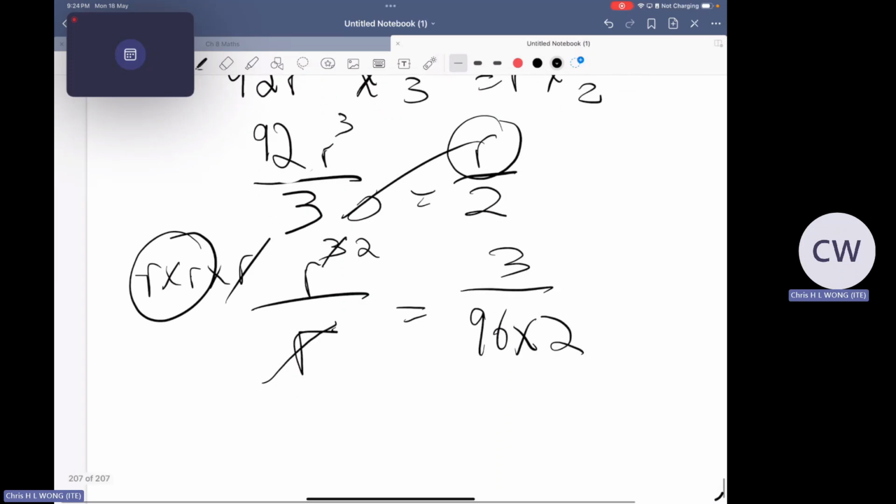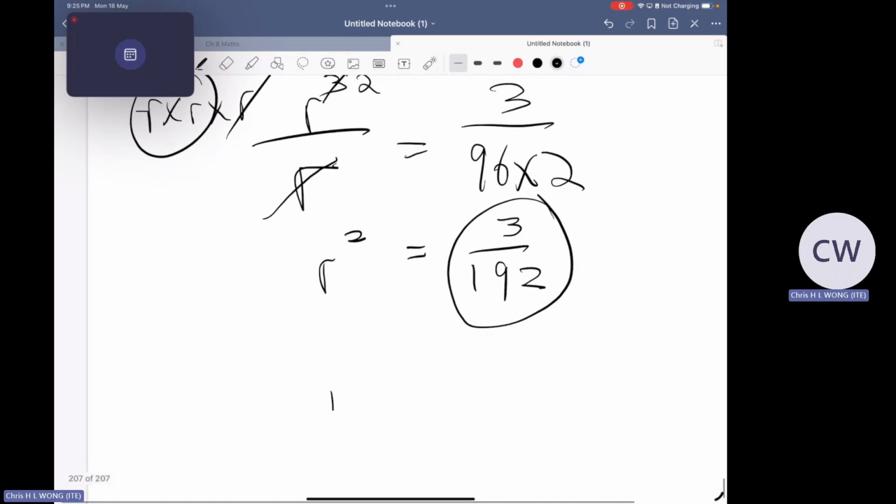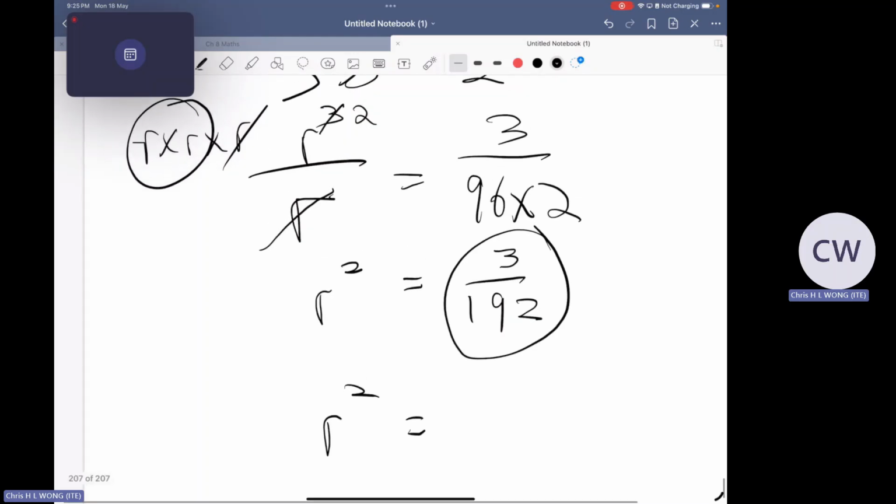So now I have r squared is equals to, can you give me the answer for this first? 3 divided by 12. 6 times 9 to 18, 192. Am I right? Can you give me 3 divided by 192, please? r squared is equal to, give me a decimal place. I always say 96.